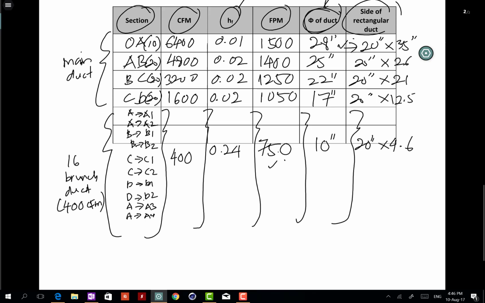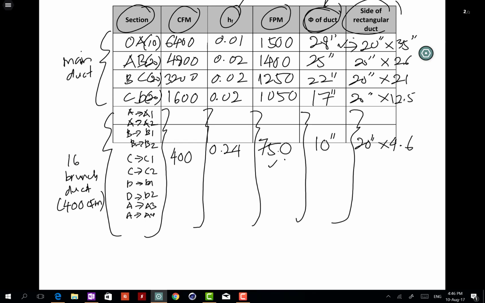This is the last part, and in order to complete the table, we need to total up all of the friction here, HF. So 0.01, 0.02, we sum all of this, it will become 0.31 inch water gauge.